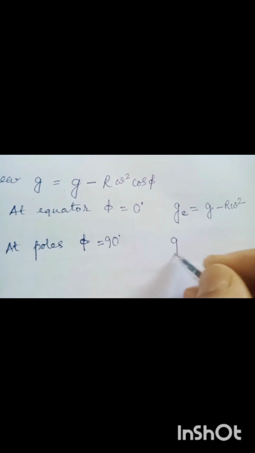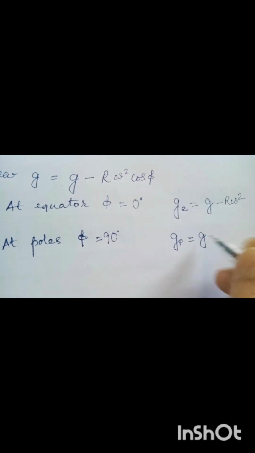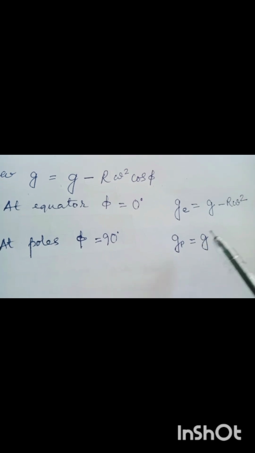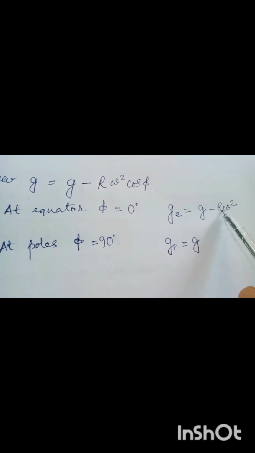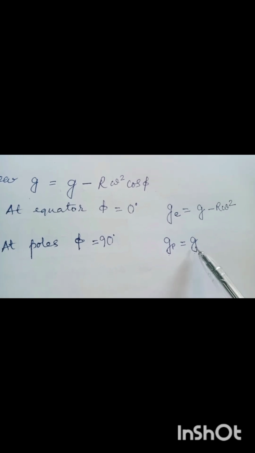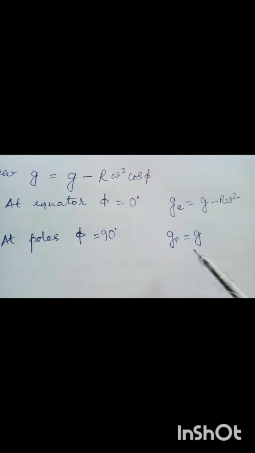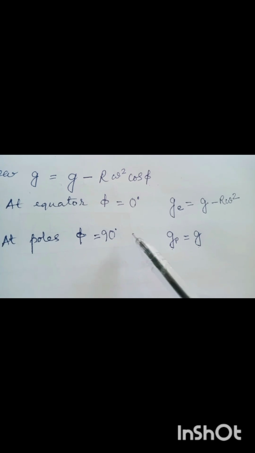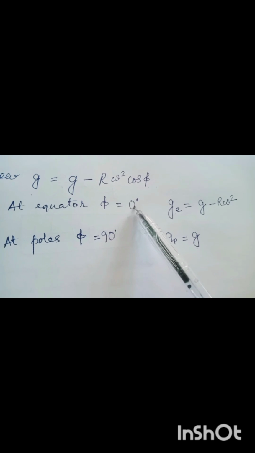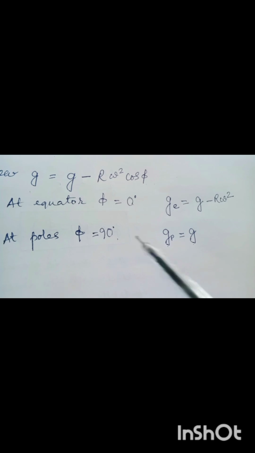Therefore, acceleration due to gravity at the poles is equal to g, since cos 90 degree is equal to 0. Thus, we have seen that at the equator it is g minus R omega square, and at the poles it is g directly, that means on the surface of the Earth. So acceleration due to gravity gradually increases when we move from the equator to the poles, either the south pole or the north pole.